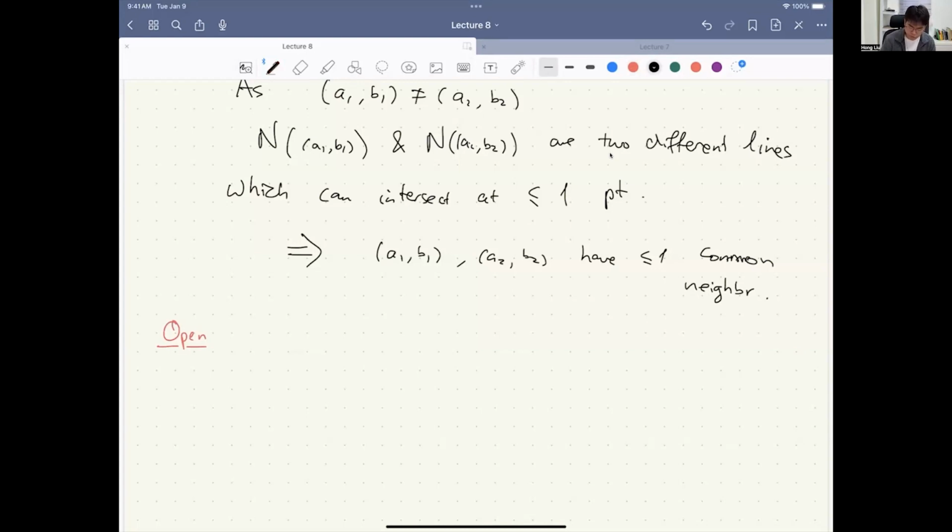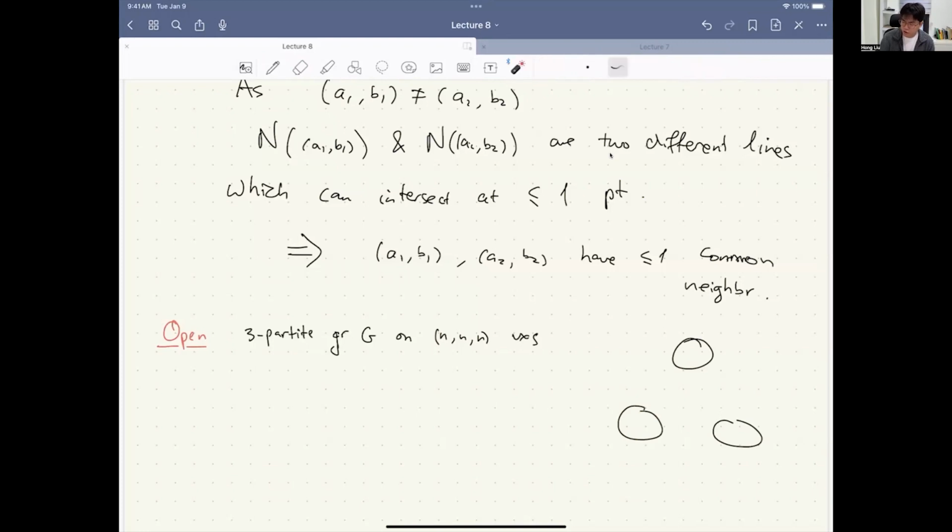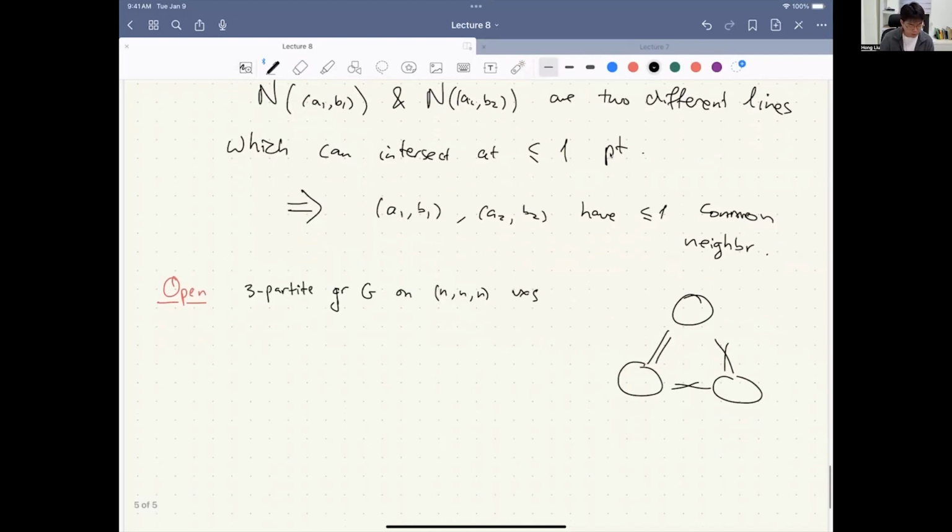If you have a three-part graph G on m by m vertices, that means you have three parts, each part with m vertices, and all the edges going in between. Let's say your parts are V1, V2, V3.